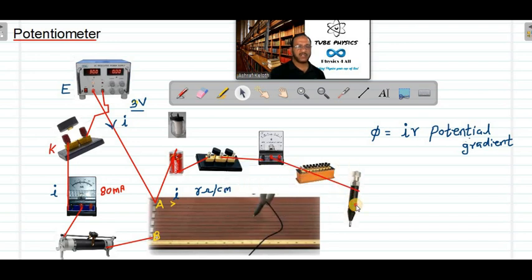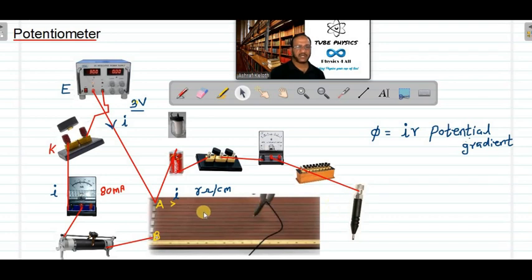Total is 3 volt from point A, then 1 meter, 2 meters, 3, like that, 10 meters till point B. At what length from A will I get 1.5 volt? That's the midpoint between A and B, that is 500 centimeters.